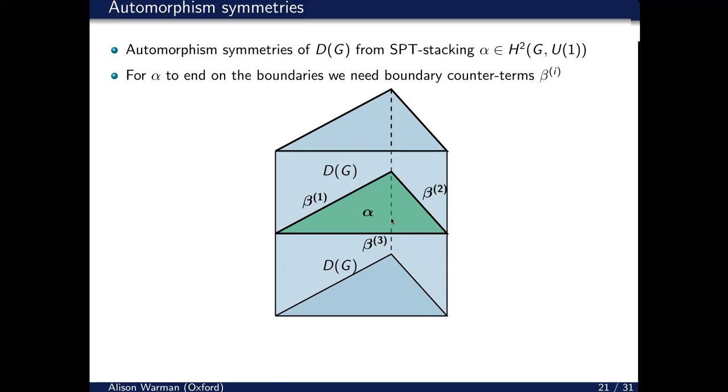So the message here is that automorphism symmetries of these TQFTs with boundaries are classified by 2-cocycles with boundary counterterms. And we will use these to implement logical operations on our qubit states.